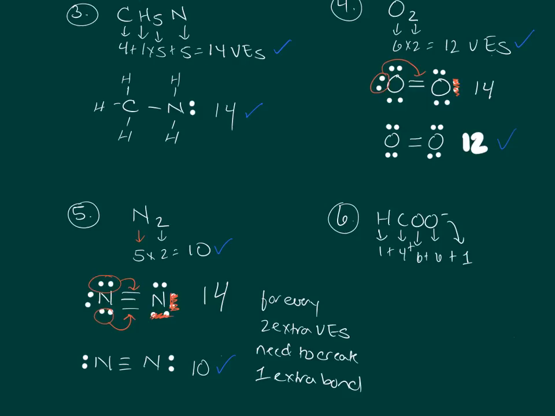This minus right here means that there's 1 extra electron on this molecule. So the total for that is 16 valence electrons. No, 18. We have 18 valence electrons that we have to work with.